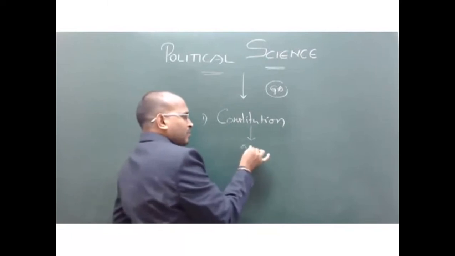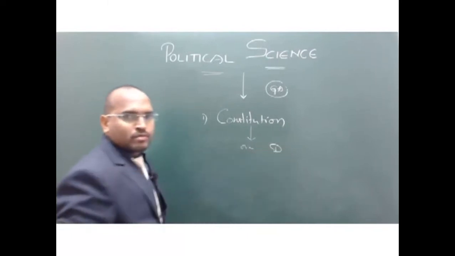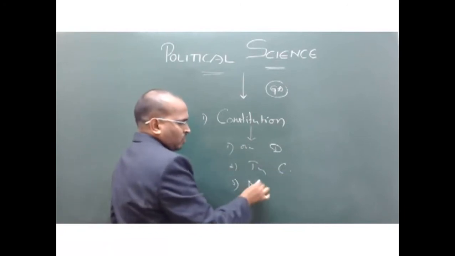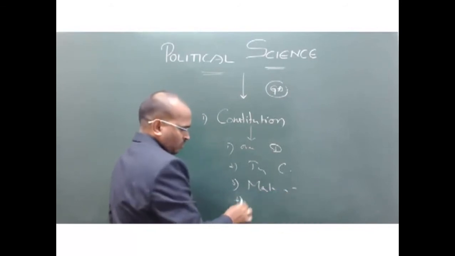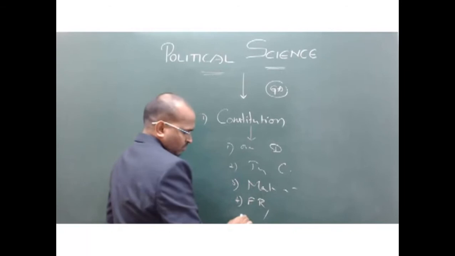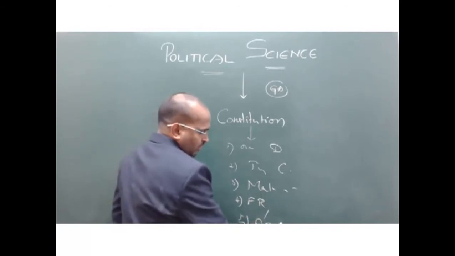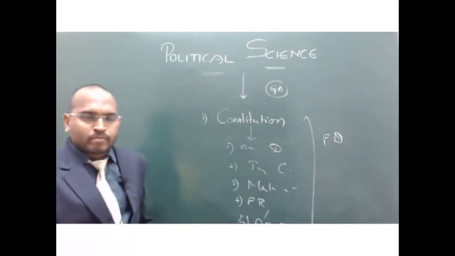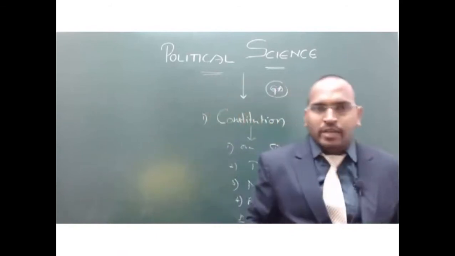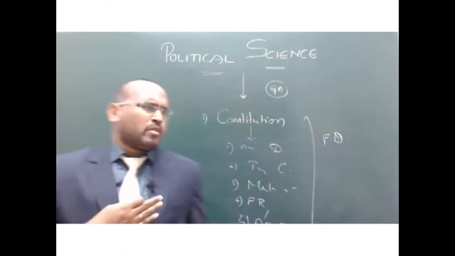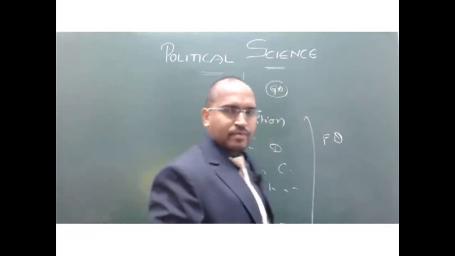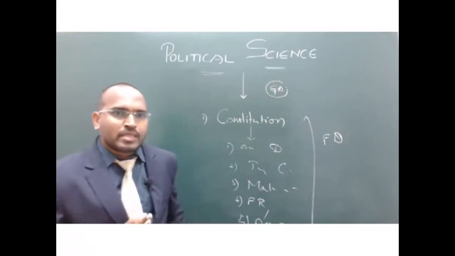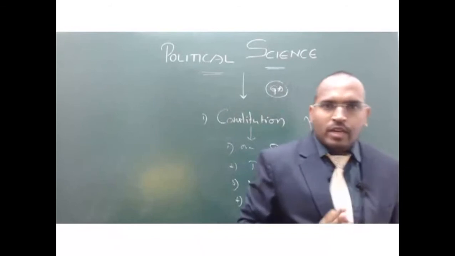One is the basic definition, types of constitutions, making of the constitution, fundamental rights, directive principles of state policy, and fundamental duties. This is the biggest chapter of political science, which covers mostly half of the syllabus. Half of the syllabus is covered in this chapter only. So please concentrate on this chapter, then everything will be easy for you.